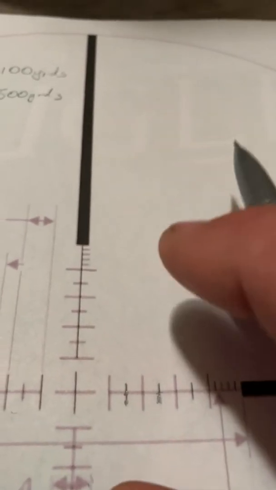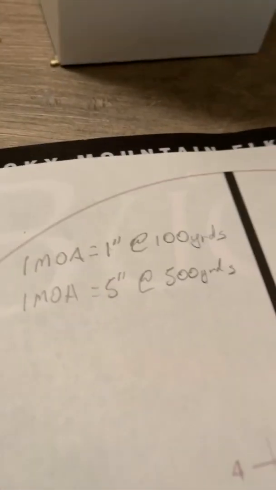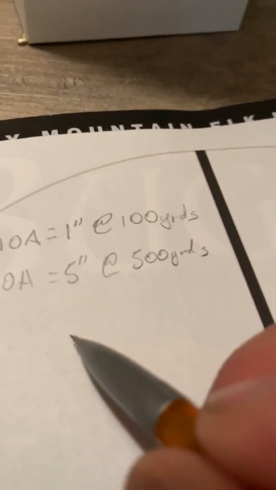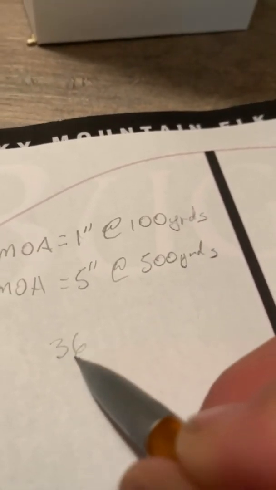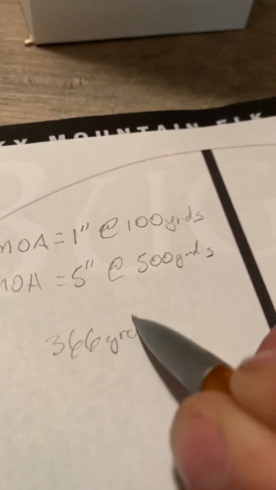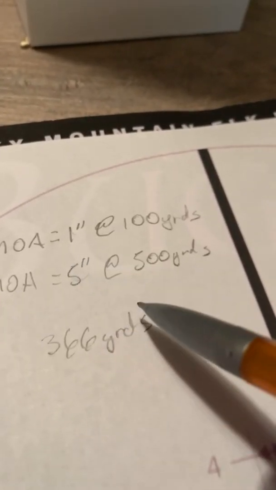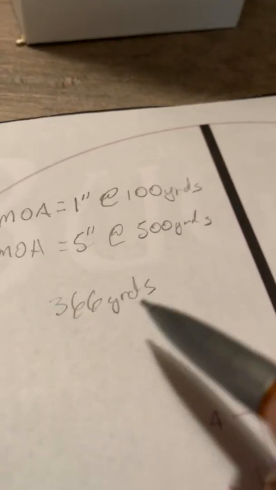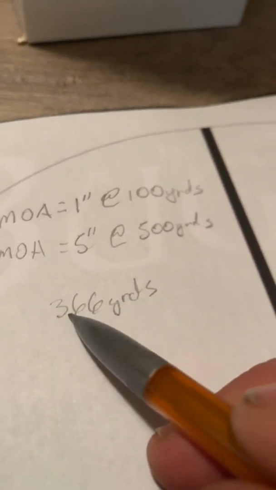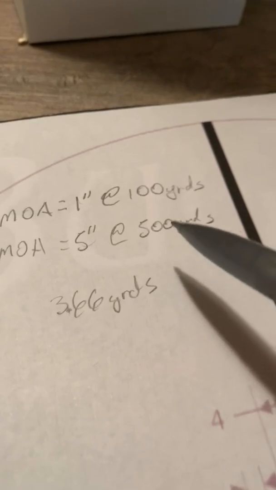But let's say we have a bull sitting at 366 yards. How do we find out if the brow tine is 5 inches? All right, so you take your range and you put it in hundreds. So you put your decimal place right there.